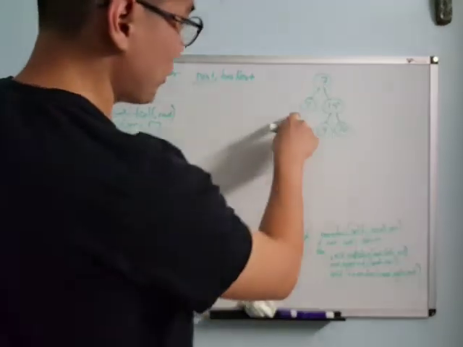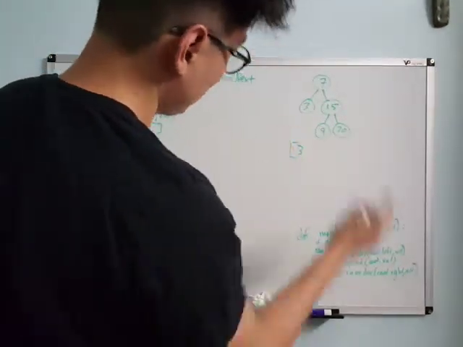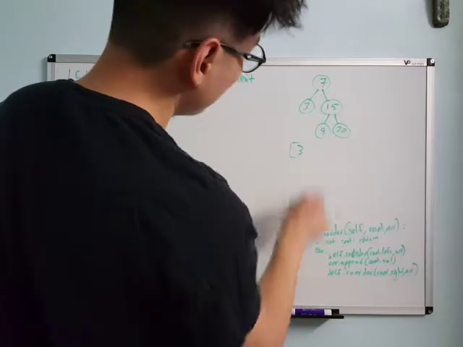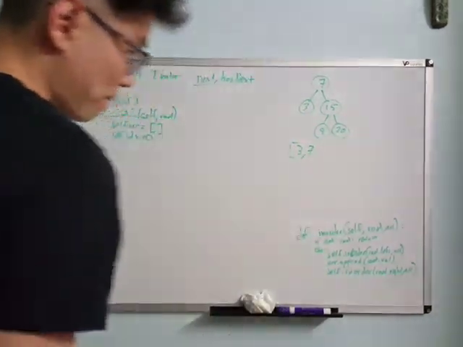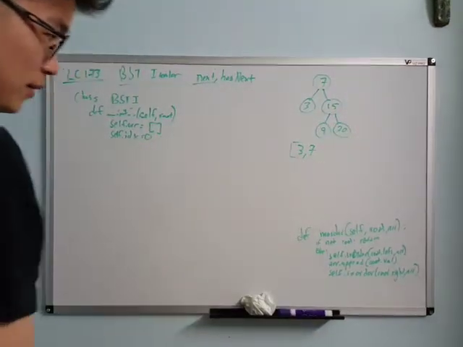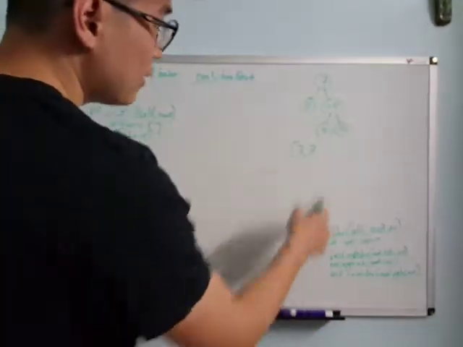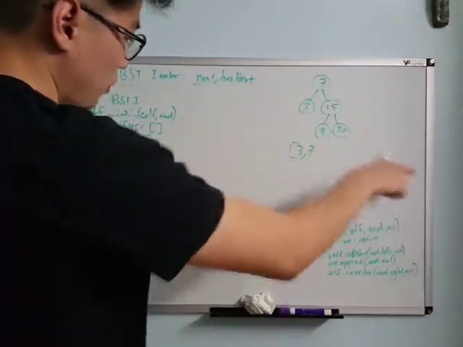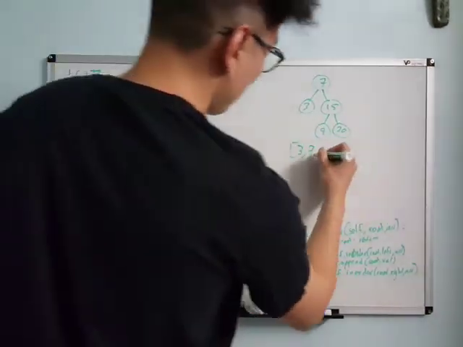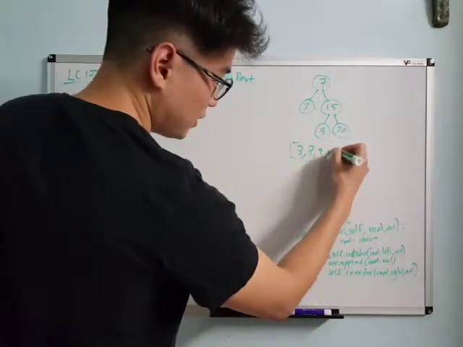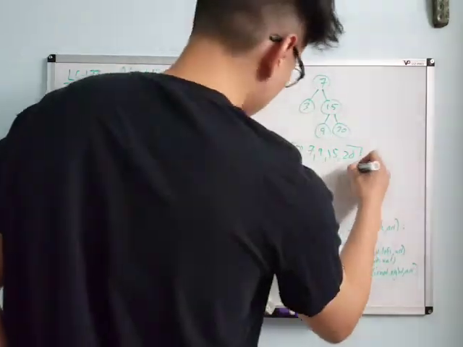The left and right value of 3 is none, so we'll go back to our stack, and then we'll add on to this array our 7. And then we will go right, and we don't add this yet. When we go right, we go left and right first, and then we go to the 9, we add that, and then we add the 15, and then we add the 20. So yeah, that's what we wanted.